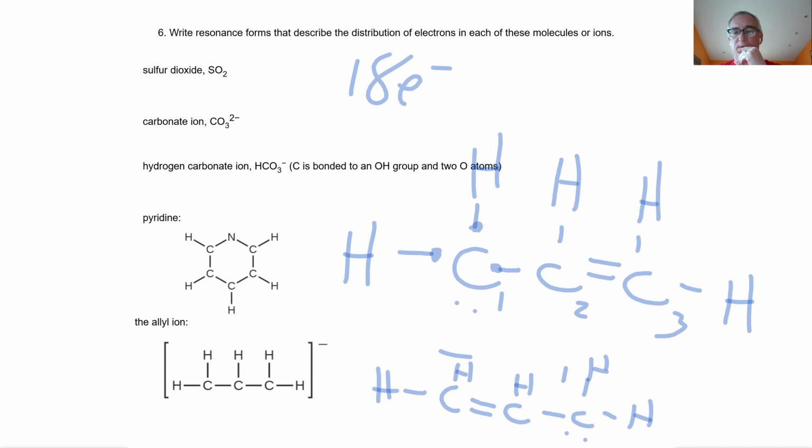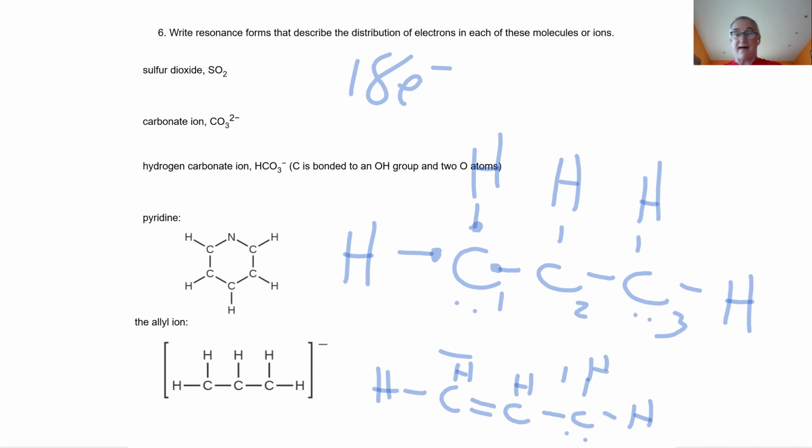But then carbon 3 would have more than 8 electrons. So remove a bond from carbon 3, carbon 2, and remove the lone pair. Yeah, basically we would take this bond away, put the lone pair there.